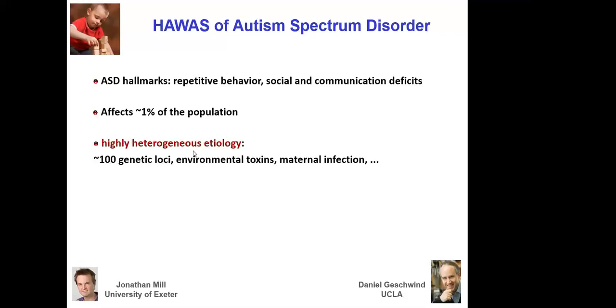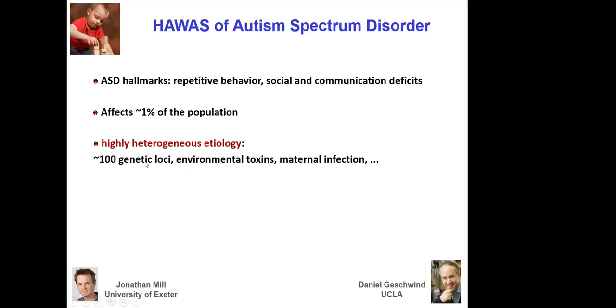And the challenge of autism, and the reason there are no drugs for autism, none, right? And there are no GWAS hits for autism. Why is that? It's because autism has highly heterogeneous etiology, right? It's estimated there are about 100 genetic loci causal for autism or contributing to autism, perhaps more.